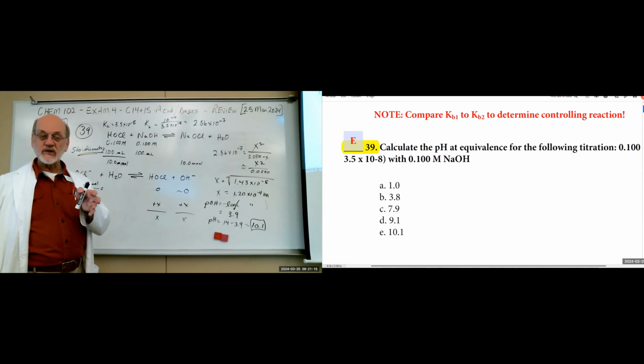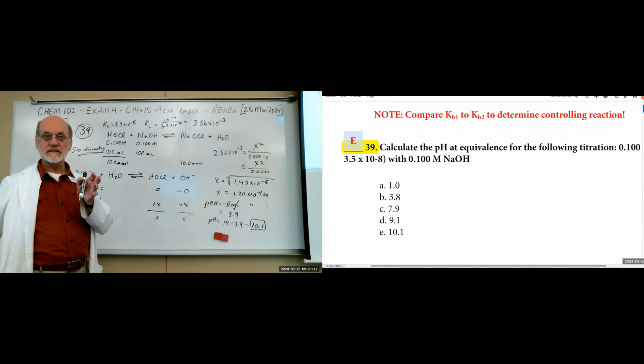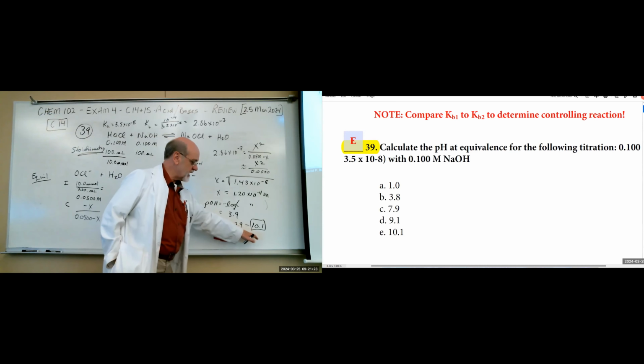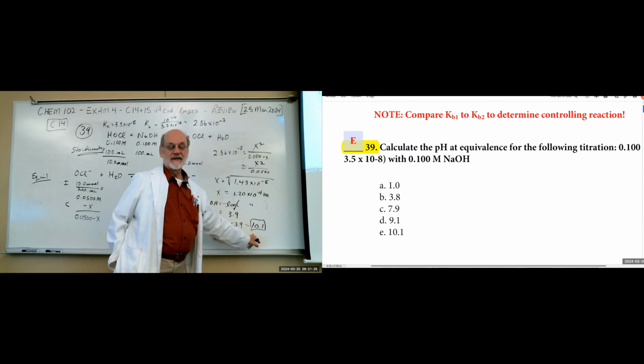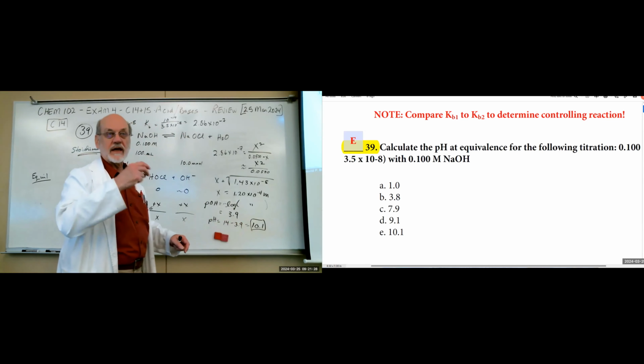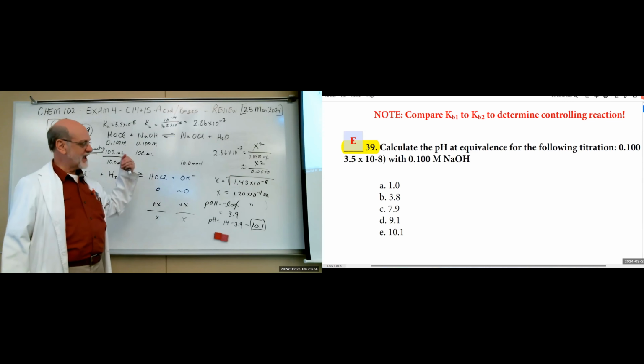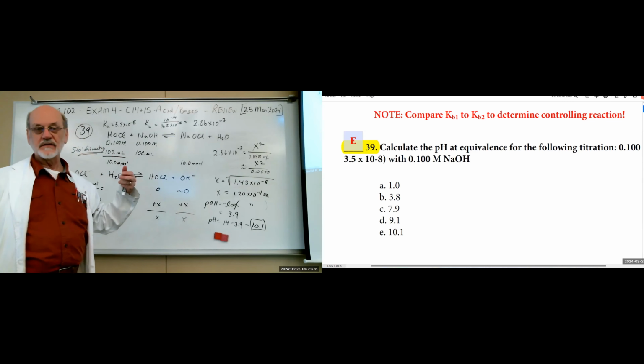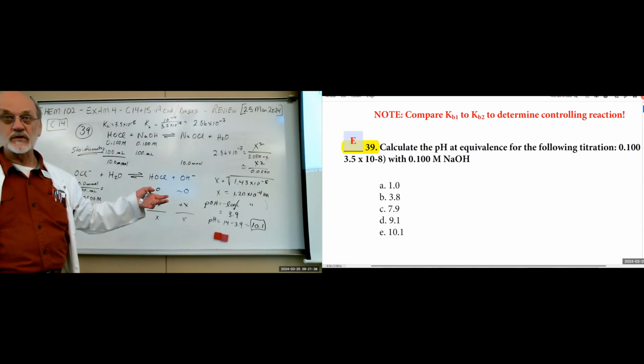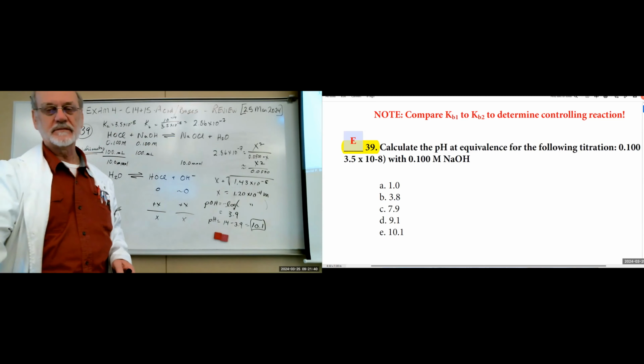And we can do it with a pH meter, but that takes a lot of extra effort. If we have an indicator that will change color near pH 10.1, then we can use the indicator and just knock out 100 of those in a day, easy. So knowing the pH at equivalence is important if you're going to do a lot of these titrations.